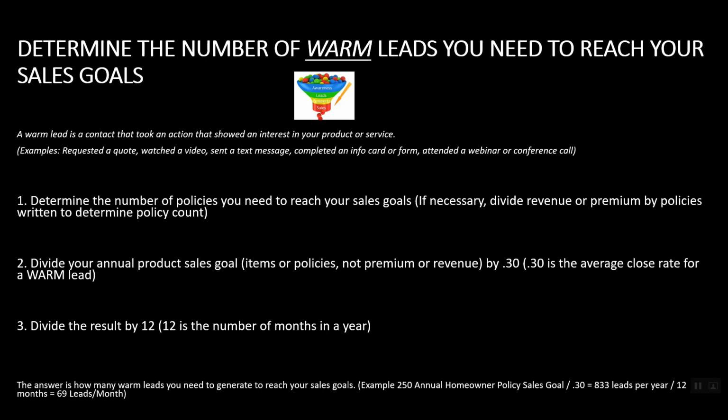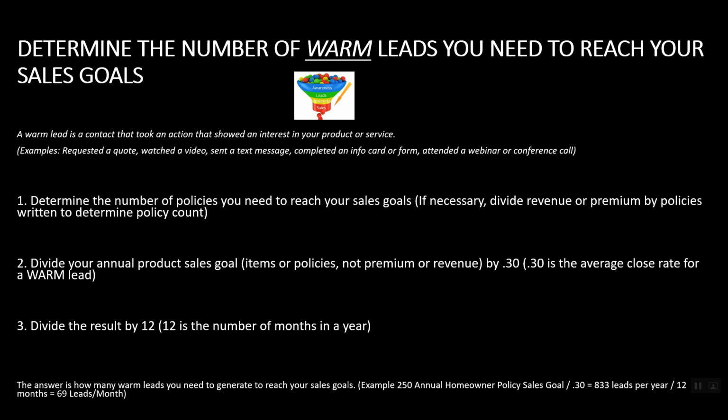Okay, but your warm leads still close at a much higher rate than a cold lead. So therefore, we're going to use this formula to give us a gauge of what to work with. So 0.30 is the average close rate for a warm lead. Once you get that number, you divide that by 12, and that's going to give you the number of warm leads that you need each month.